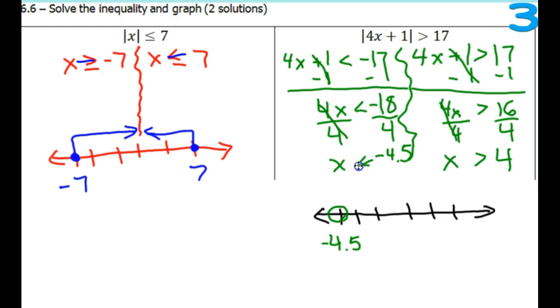Our arrow is pointing to the left, so we draw an arrow to the left. Then another open circle at 4 with an arrow pointing to the right. So this one, our arrows are pointing in opposite directions, which means that x can be anything less than negative 4.5 or greater than 4.